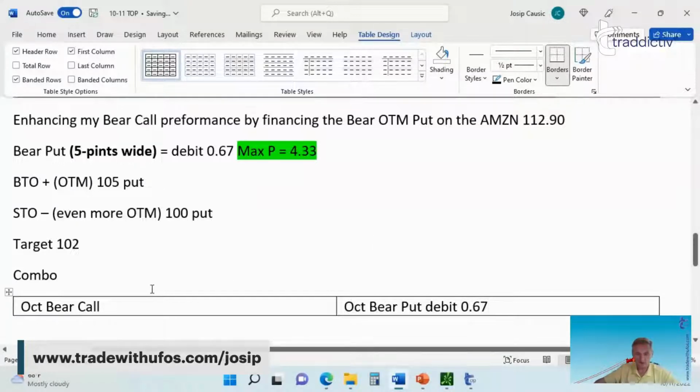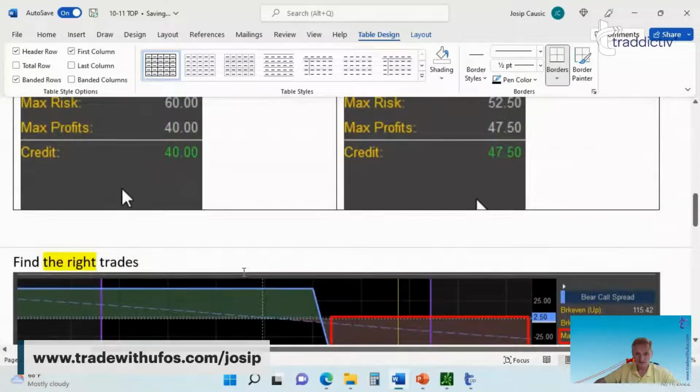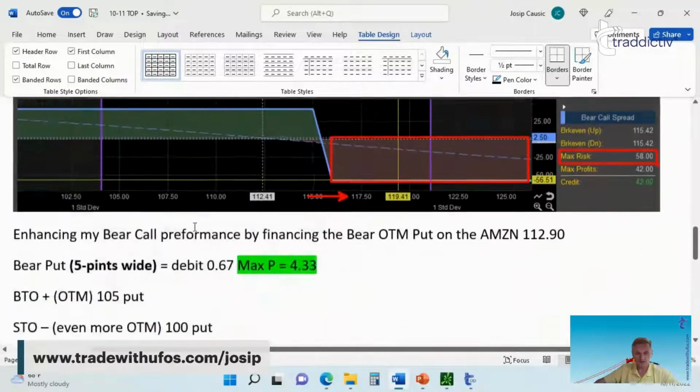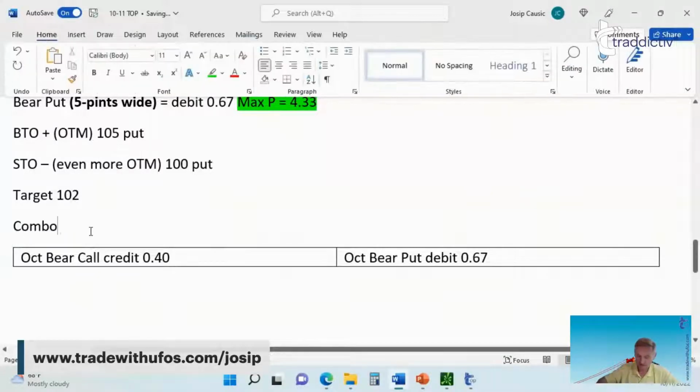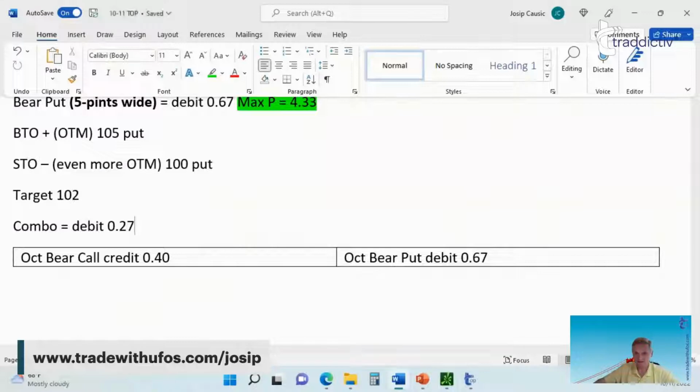And on the bear call, you'll remember how I got this nice round number of 40. So over here I got the credit of 40. So net, I'm short. This combo, if I were about to do it, would still be a debit of 27 cents. So let's build this properly.